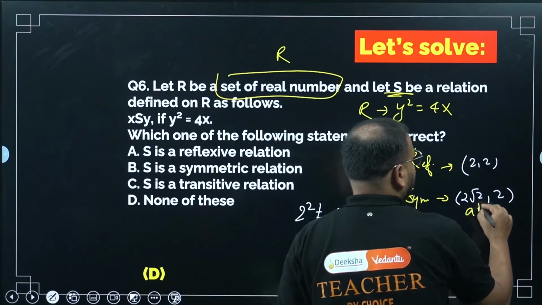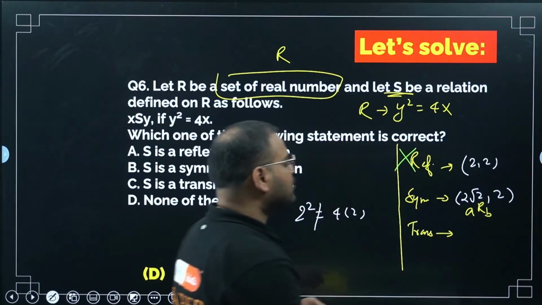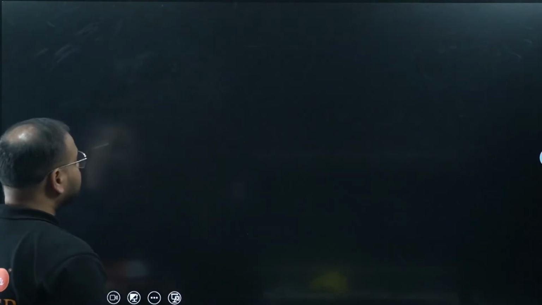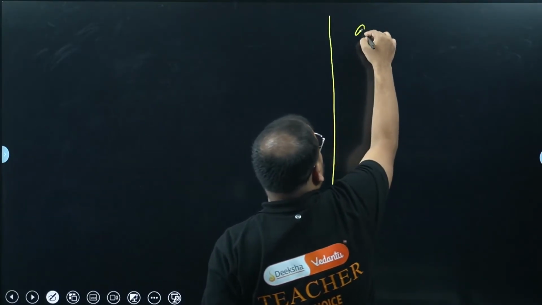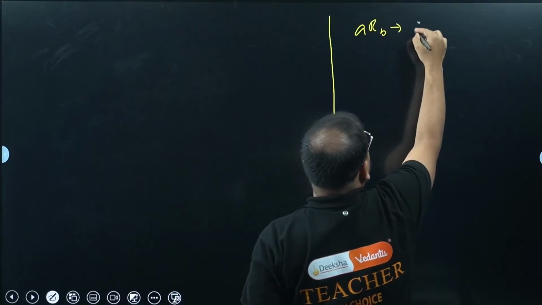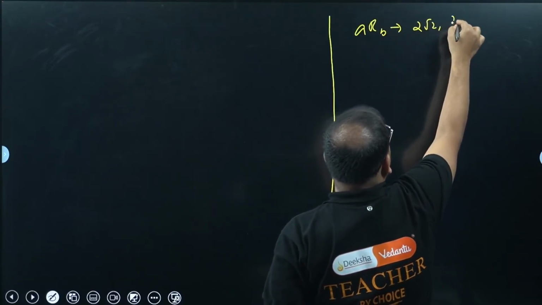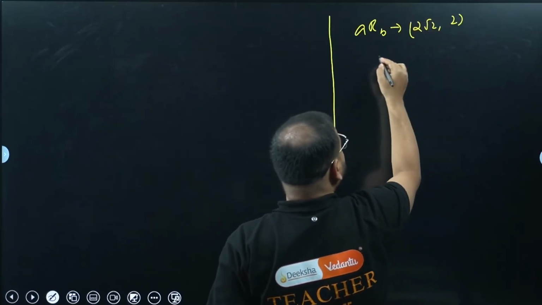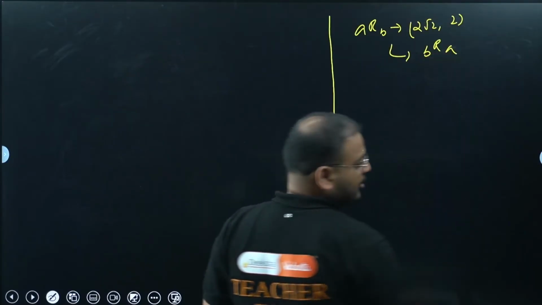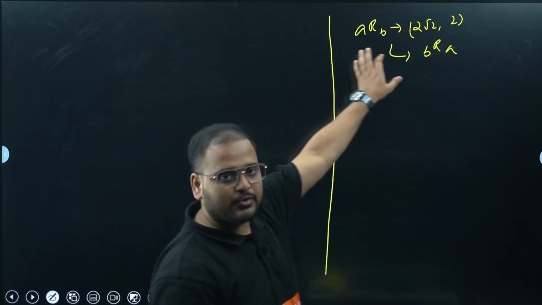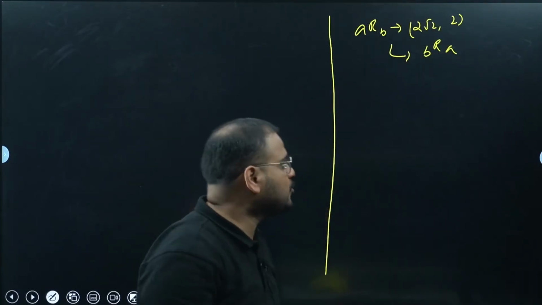I'm trying to say that my ARB is 2 root 2, 2. Let's check whether it's true. If this is true, then BRA has to be true. For it to be symmetric, if ARB is true, then BRA has to be true.